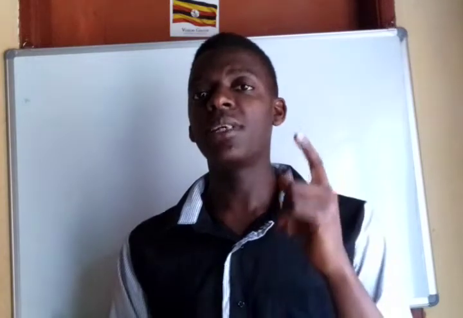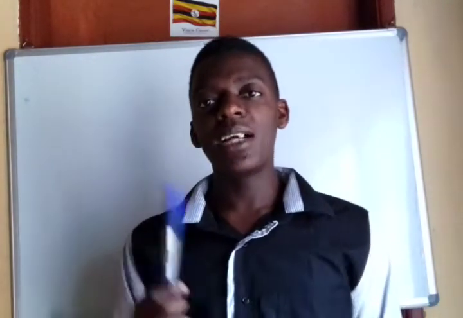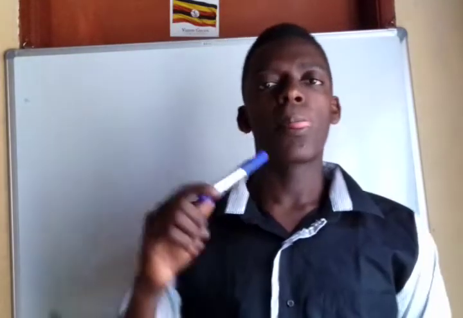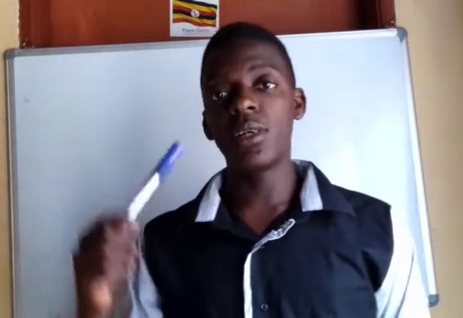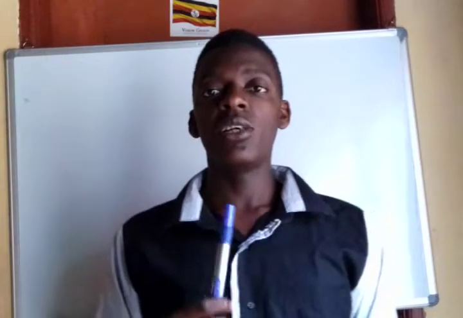When you constrict blood vessels, you are increasing venous return, and also increasing mean arterial pressure. When you increase venous return, you are increasing diastolic blood pressure.